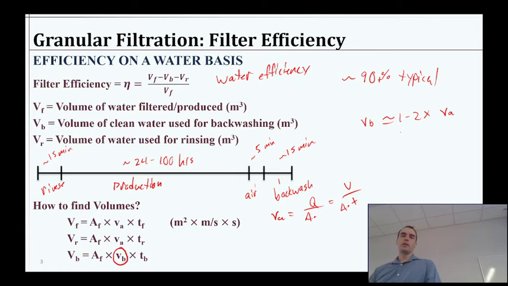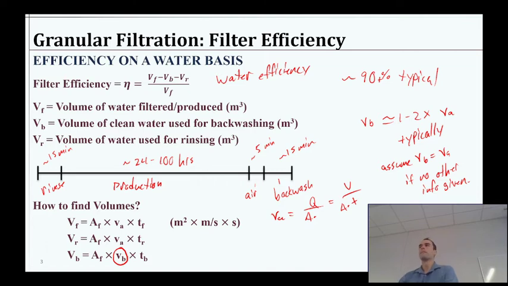Okay, that's typically the case. And we can assume VB equals VA if no other info is given, and you have no way to solve for it. Okay? And that's simply a fairly practical matter.